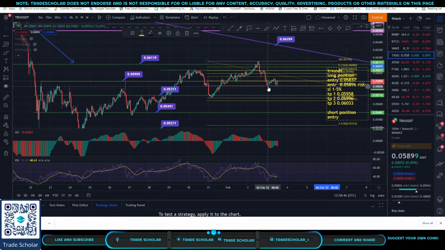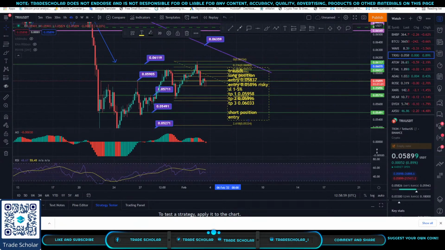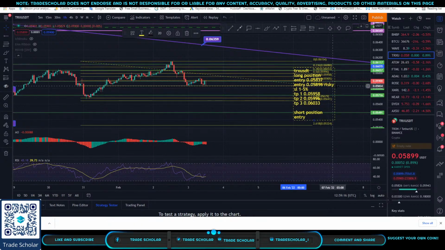We are constantly printing higher highs, but then we have a change of trend. Let me check the 4-hour time. Change of trend. Even though there are higher highs, the volume is lower. This is bearish divergence into the downside. This is the case for our short.